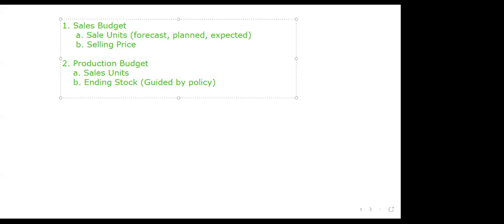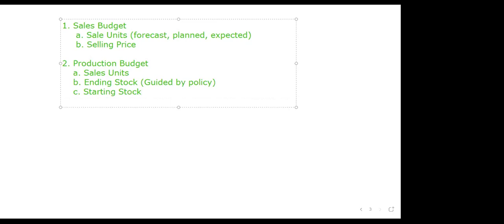Okay. Ending stock policy is guided in the question. And then another element under production budget is starting stock.